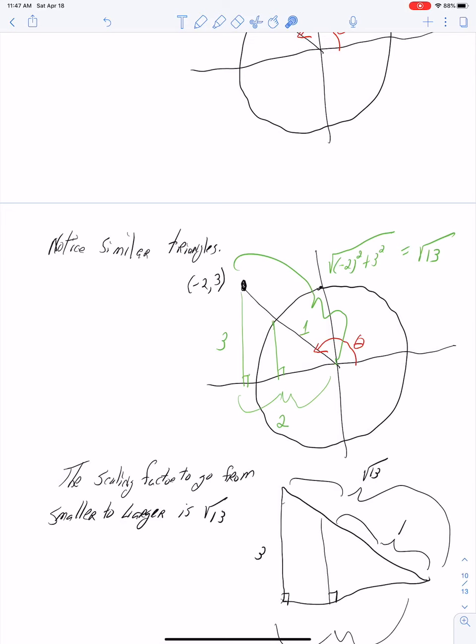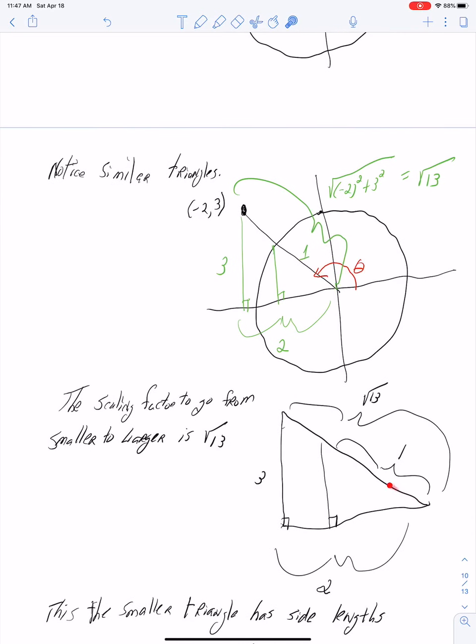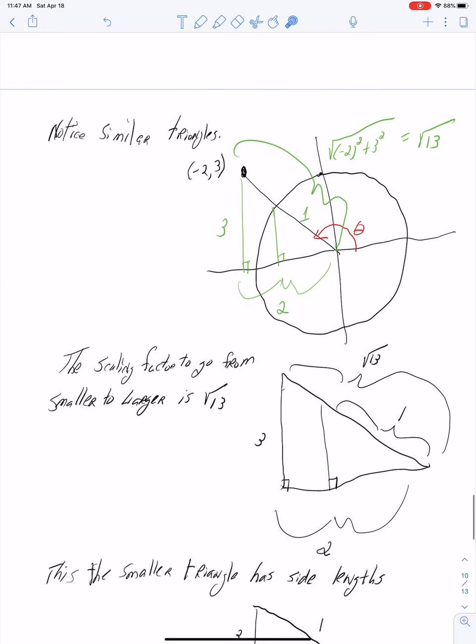All right. Now, the outside triangle, I know this length is 3 and this length is 2. For the inside triangle, I know the hypotenuse has length 1. Why? Because it's on the unit circle. So this hypotenuse is of length 1. What's the hypotenuse of the larger triangle?